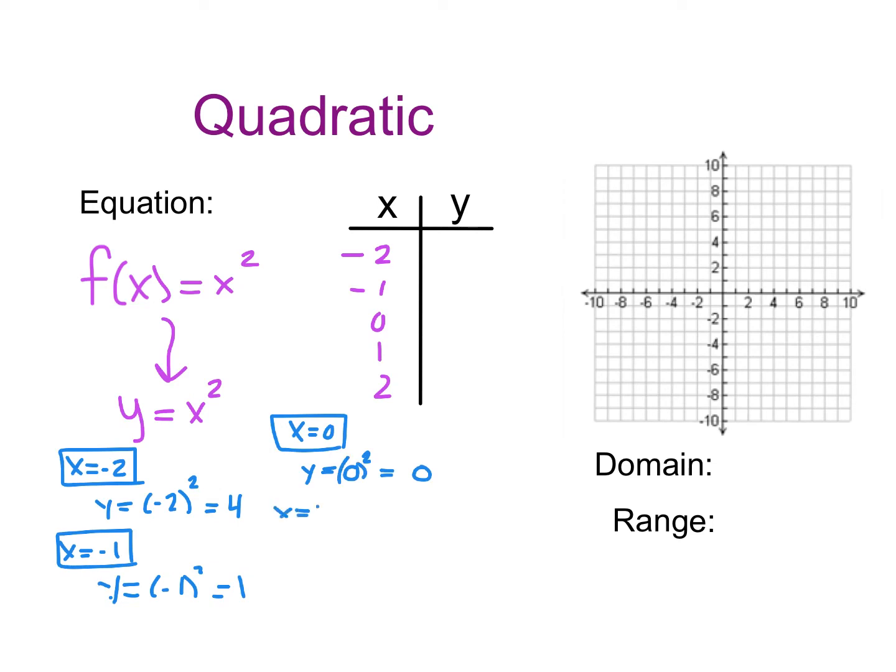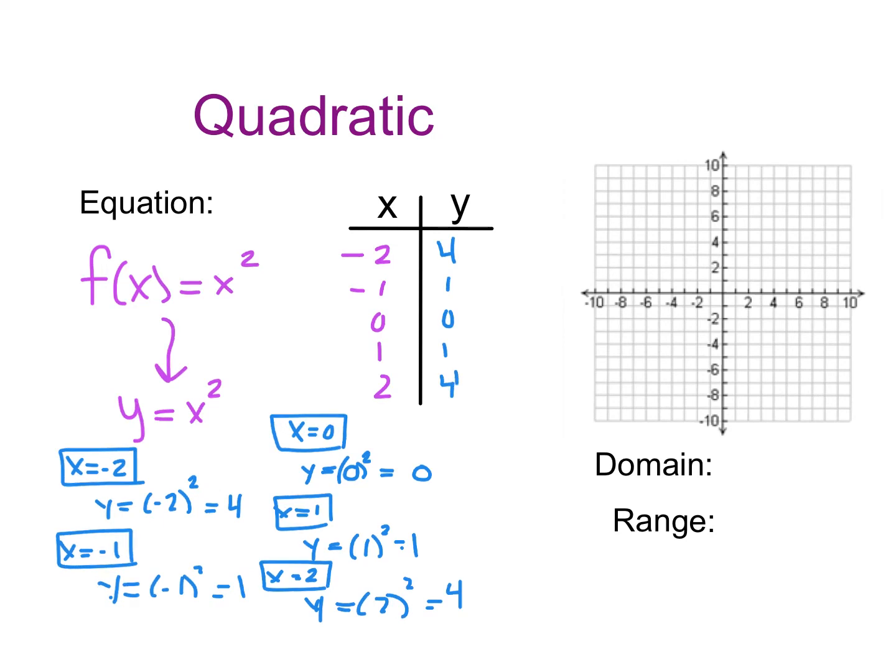Then move on to x is 1. So y is equal to 1 squared, which is 1. And then we move on to x is equal to 2. So we have y is equal to 2 squared. Well, 2 squared is equal to 4. So if I pair those up in my table, I have 4, 1, 0, 1, 4.